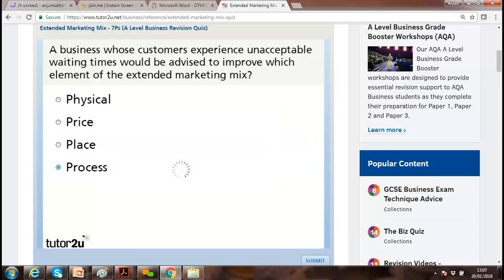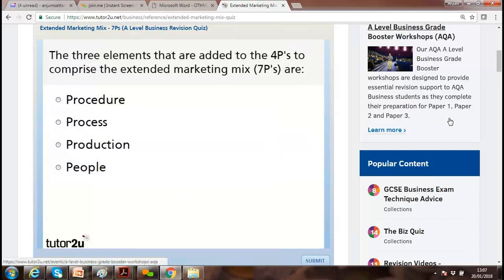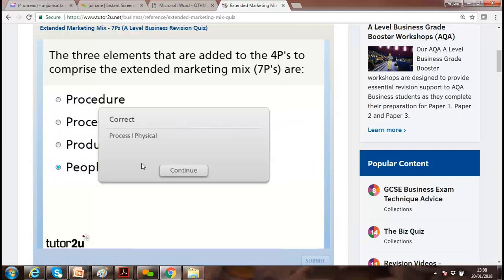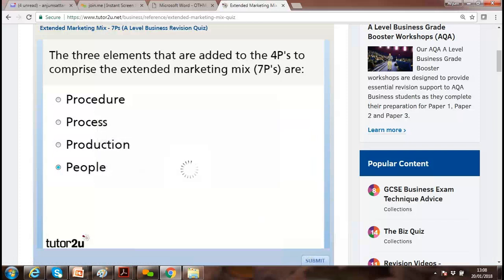Okay. Next. The three elements that are added to the 4 P's to comprise the extended marketing mix are process, people, and physical evidence. Well done. Next.